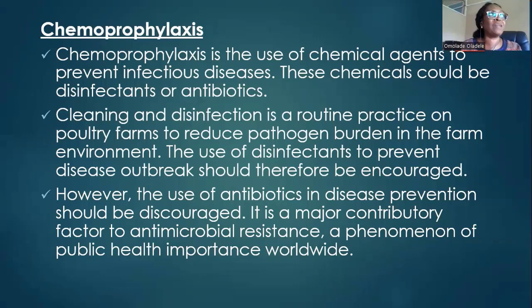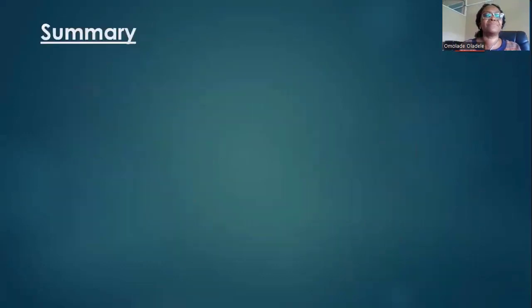Many pathogens have been found to be resistant to antibiotics because of the careless use of antibiotics in humans and in animals. The phenomenon is worldwide and of public health importance. So the use of antibiotics for prophylaxis is highly discouraged right now.